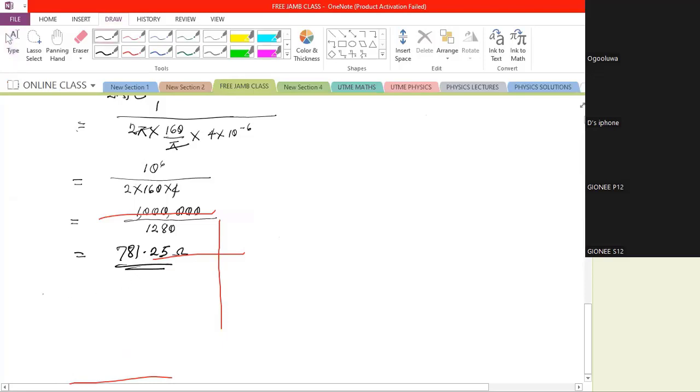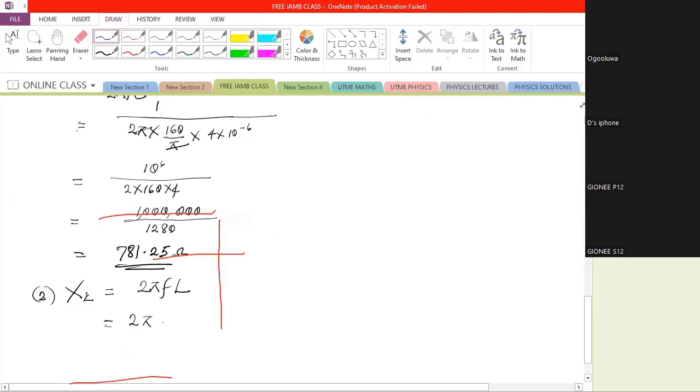So let's go to question number 2. It said the inductive reactance, not inductive inductance, inductive reactance. This one is 2 pi FL.